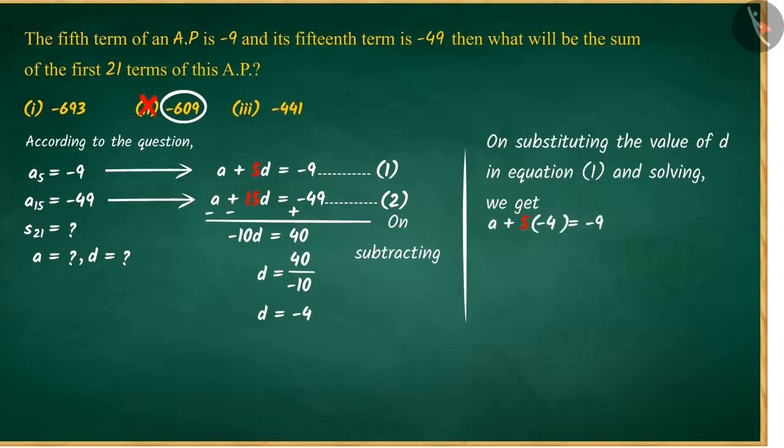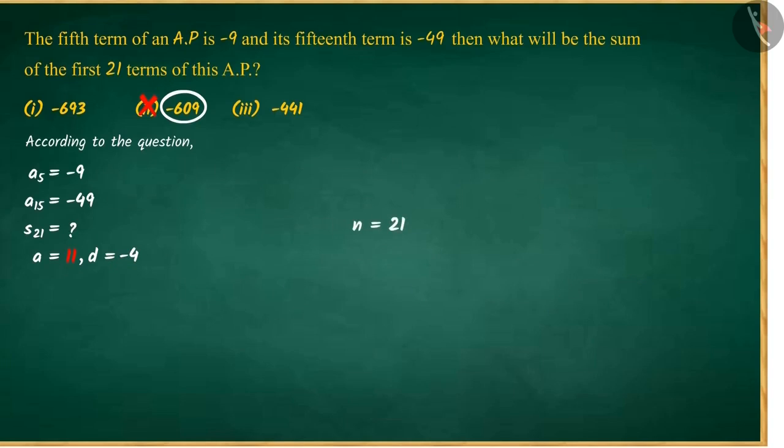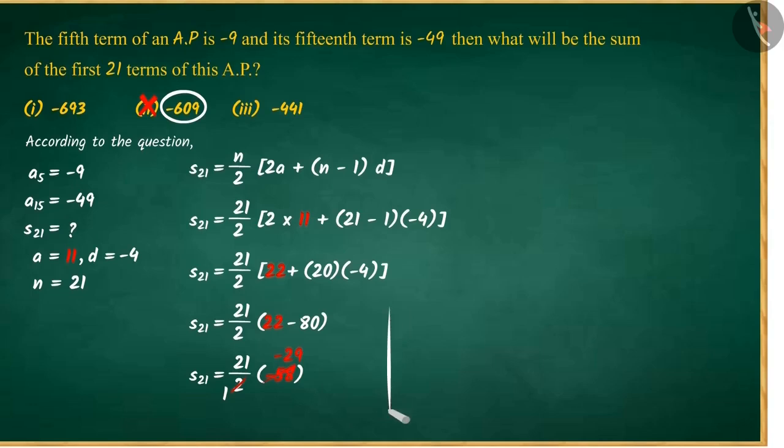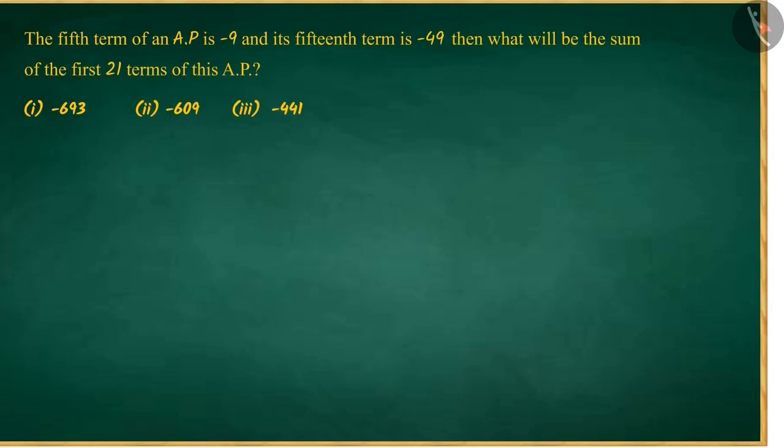And solving it further, you got the wrong value for the first term a. Proceeding in the same order, you solved the equation by substituting the incorrect value in the formula for the sum of the nth term, because of which your answer was incorrect.